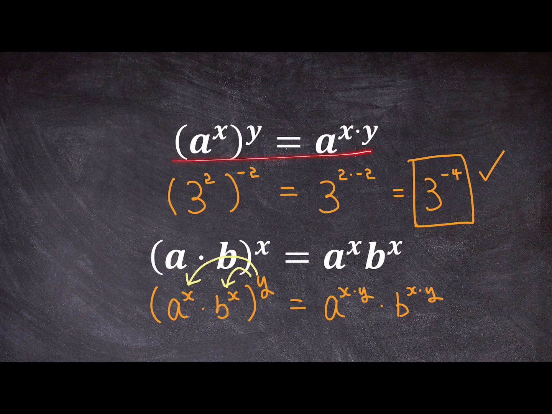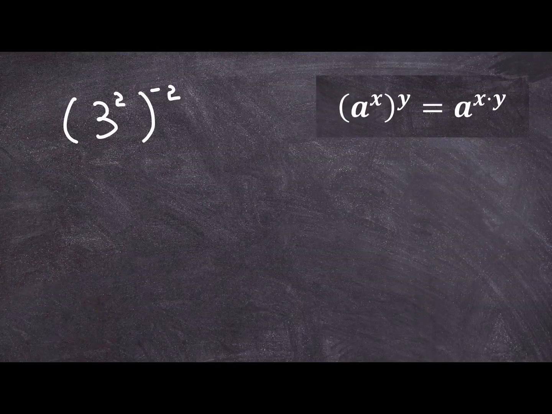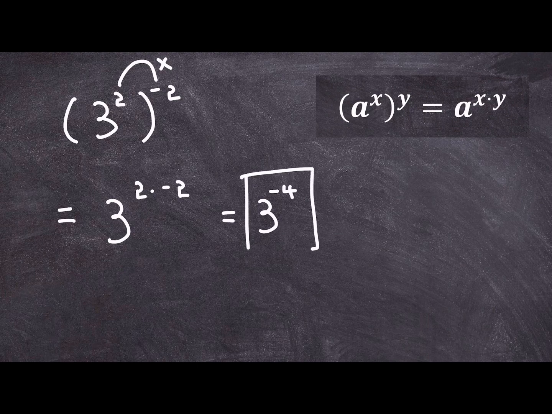So I'm going to have these rules posted whenever I have an exponent problem so that I can refer to these cheat sheets and solve my problems, just like this. So once again, if I were to solve this problem, 3 to the power of 2 times negative 2, 3 to the power of negative 4. That'll be my final answer.